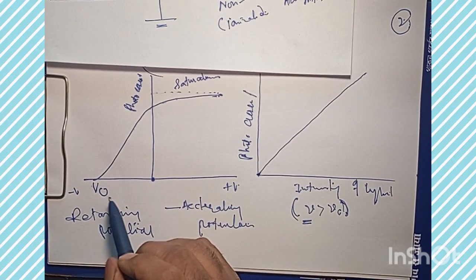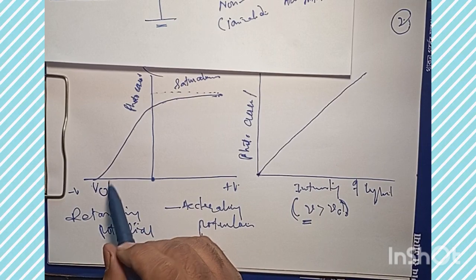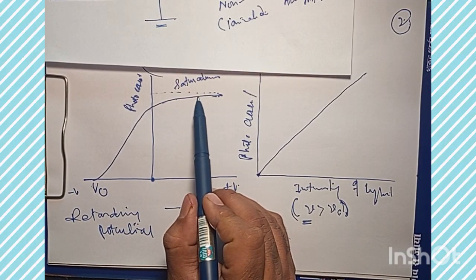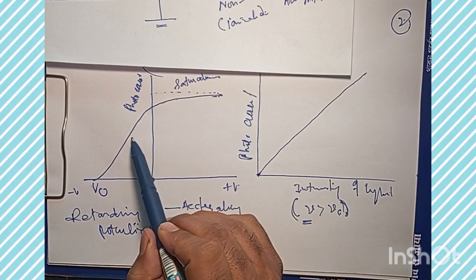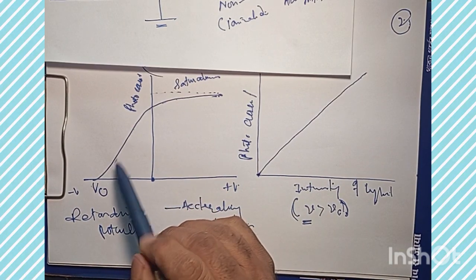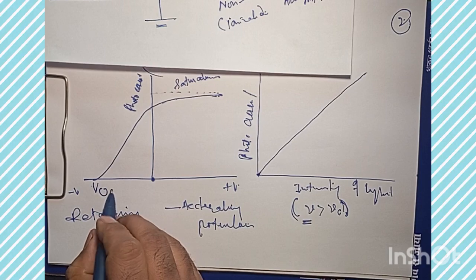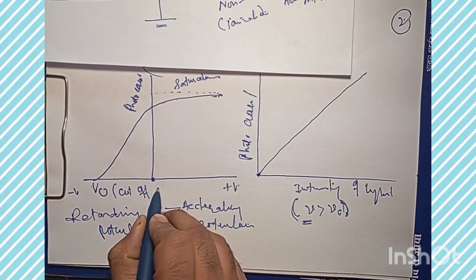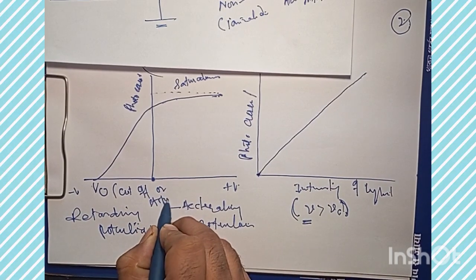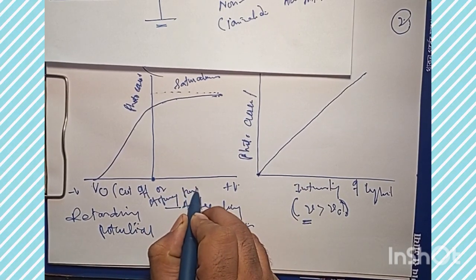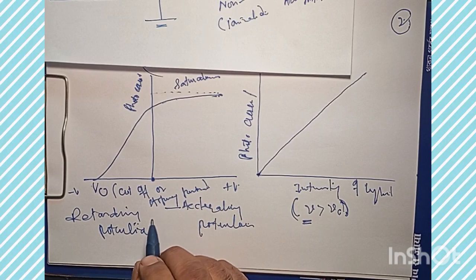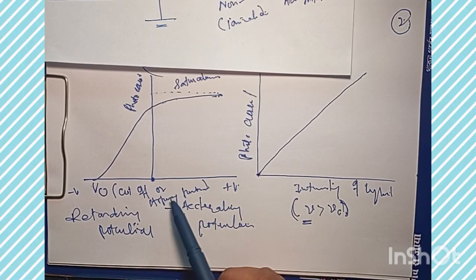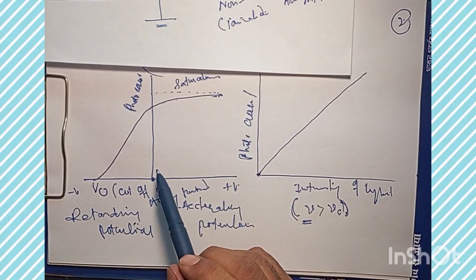Now this retarding negative potential, for which the photoelectric current just became zero, we call the cut off or stopping potential of electrons. At the stopping potential, there is no photoelectric current observed.